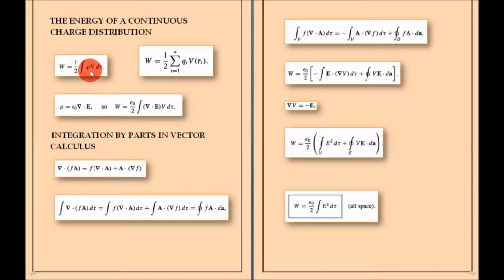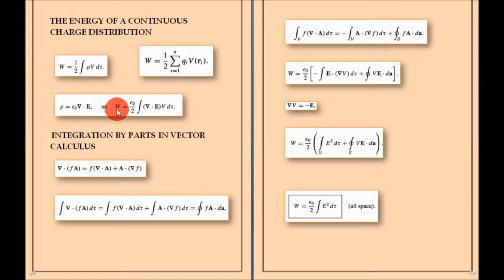Can we write the work done in terms of field, specifically in terms of electric field? Yes, we can write it. From Gauss's law, we know that the volume charge density is equal to epsilon naught times the divergence of electric field.